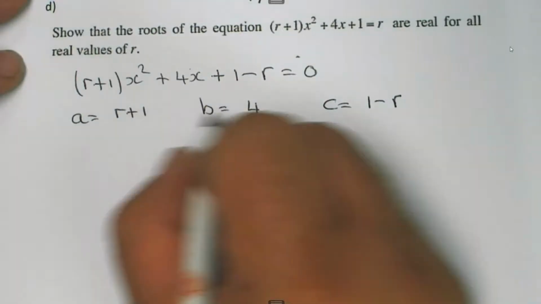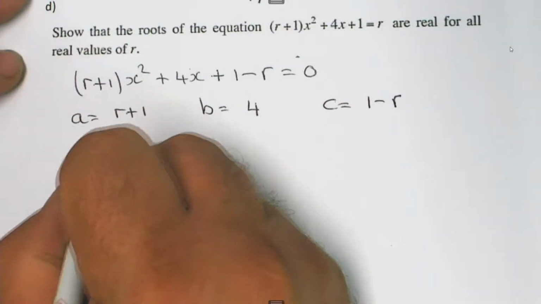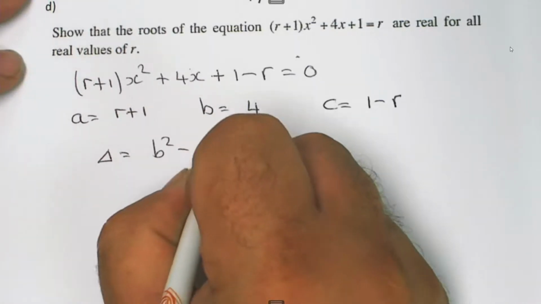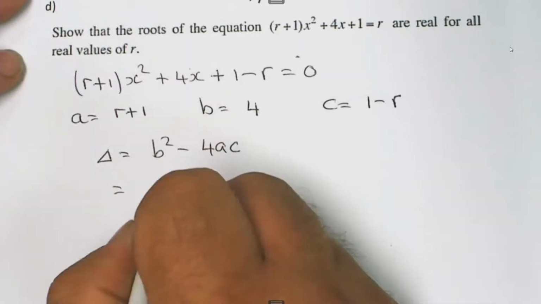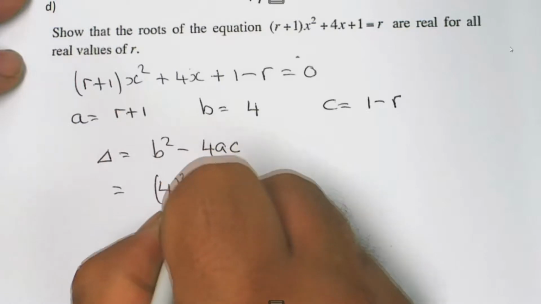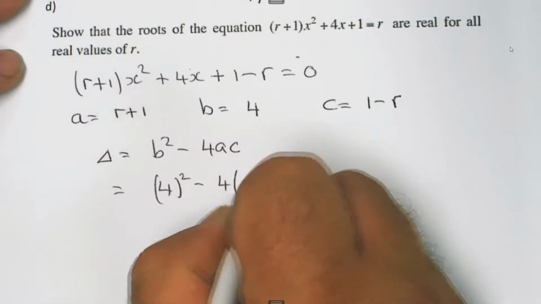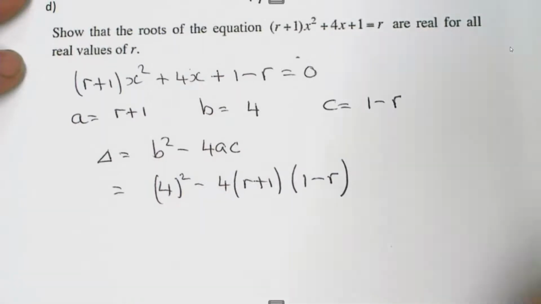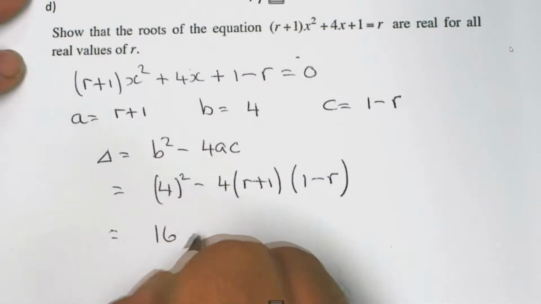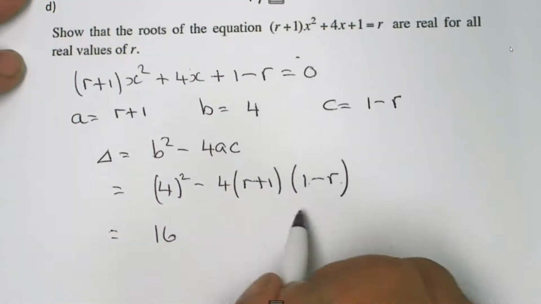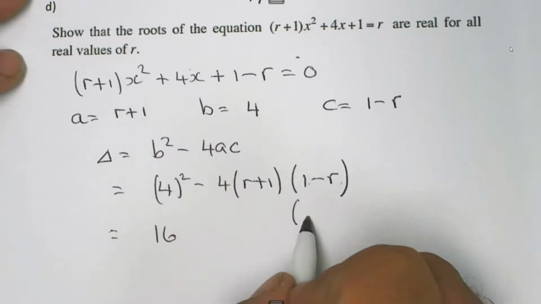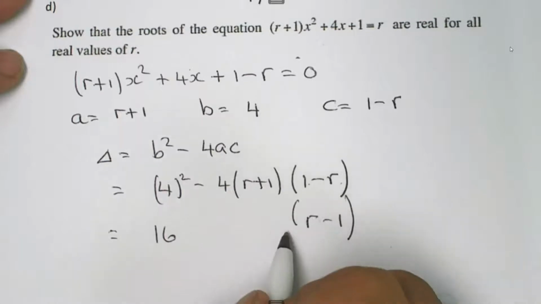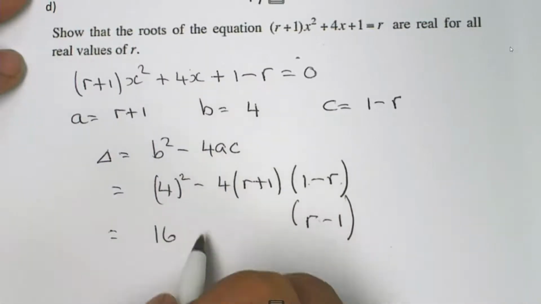Now, to show that it is real, we can say that delta is equal to b squared minus 4ac. Now, the b value is 4, so it's 4 squared minus 4 times (r plus 1) multiplied by (1 minus r). So this here becomes 16. Now, I'm going to change 1 minus r to r minus 1 by taking out a negative, and the negative and negative becomes plus.